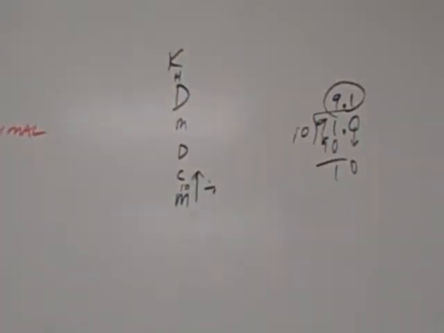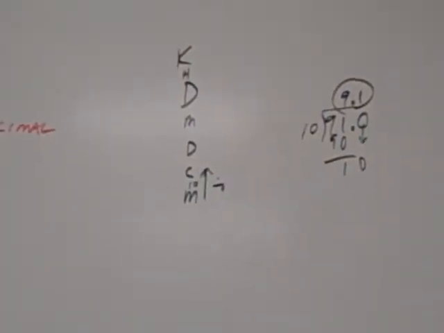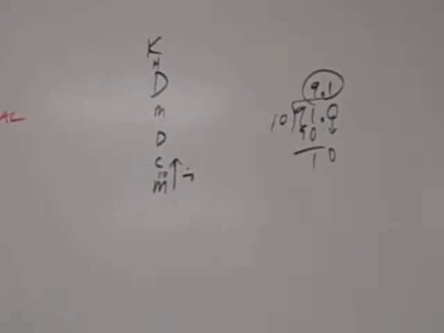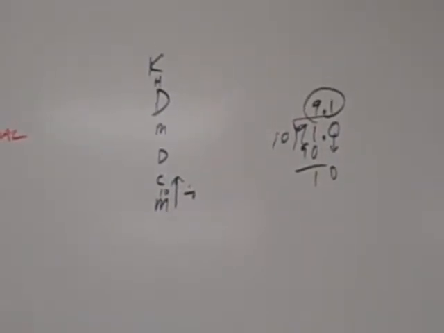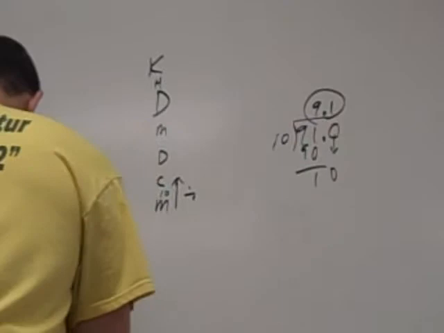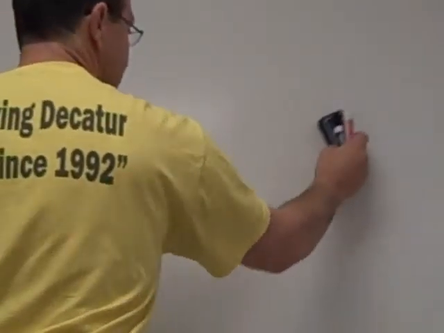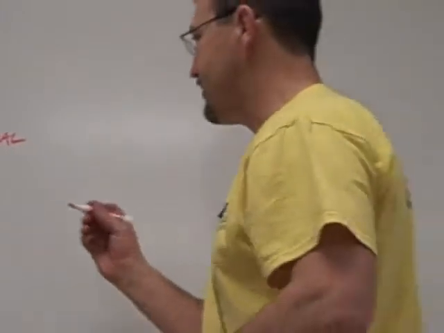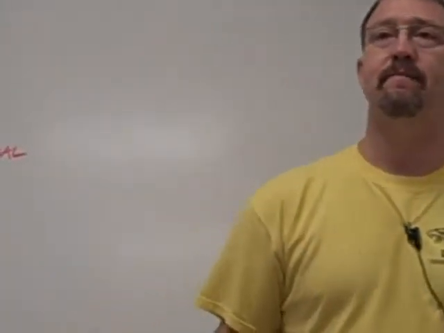Now that's doing it with division. But you want to know the shortcut. The shortcut is, we are starting with what? Millimeters. So I'm starting right there. Our answer, we want it to be in what terms?